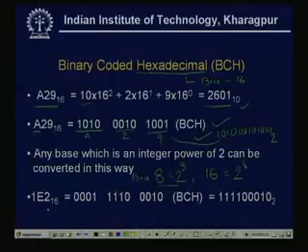So, if we see another example, 1E2 in hexadecimal, then 1 is represented by 4 binary bits, E means 14 is represented by 4 bits and 2 is represented by 4 bits. This is called BCH. And what will be the binary? See, here there are 3 leading zeros.